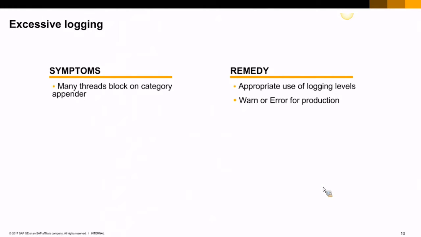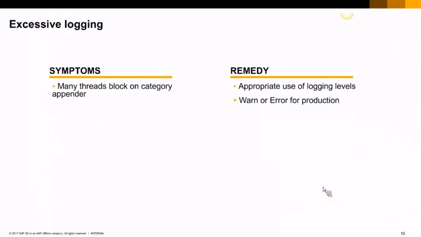When your application is producing a lot of logs, you can have a lot of threads waiting on the Log4j category appender. This is usually because of the wrong log level, or because in your custom code you put some logs at the level info, at the level error, whereas it should be just info.